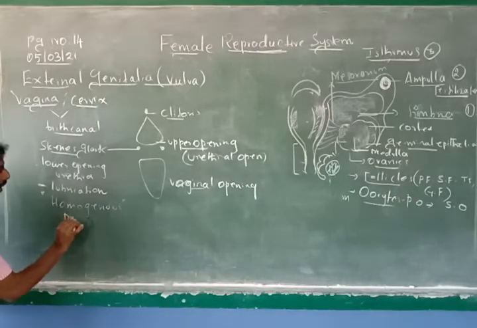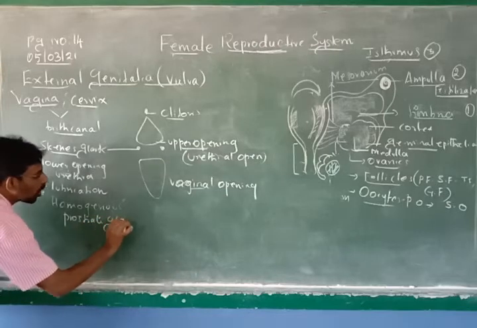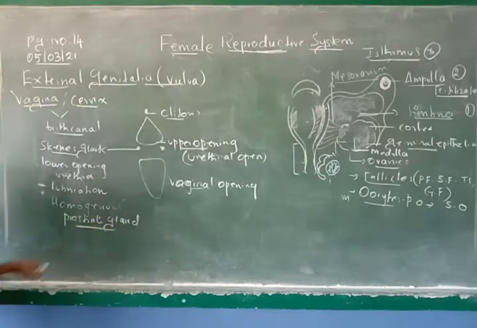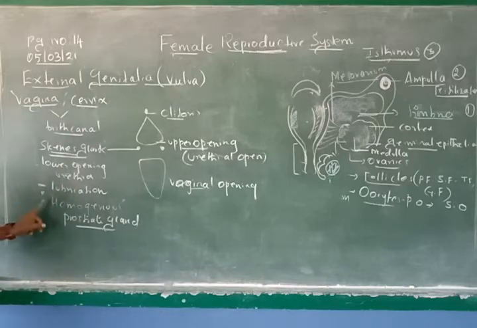So the prostate gland in male and Skene's gland in female both do a similar function. That is why Skene's gland, located below the urethral opening on both sides, secretes lubricating substances homologous to the prostate gland in male.